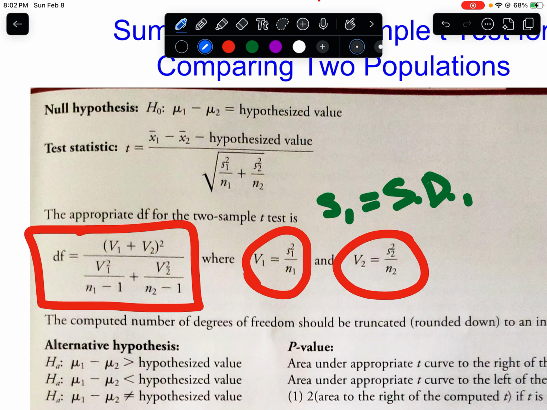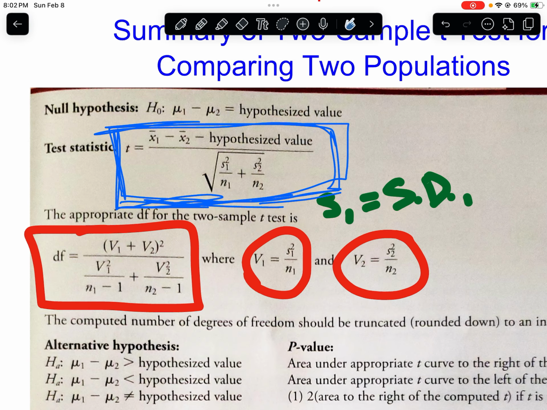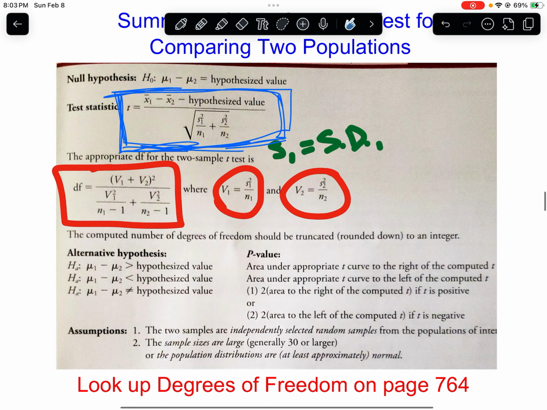And again, here's how we found that t value, which is really similar to that z formula from before. So this maybe is the one I should have highlighted more as the one we'll probably use more often. Those are some big ones that we'll see quite a bit here.